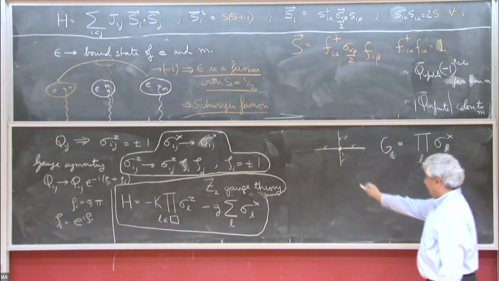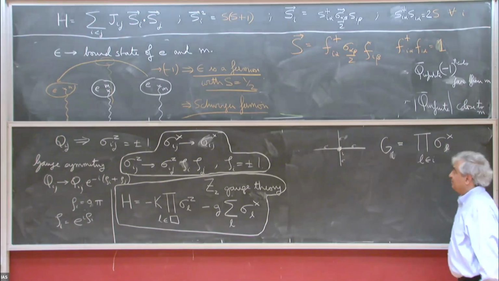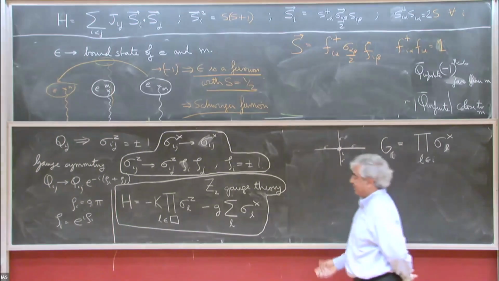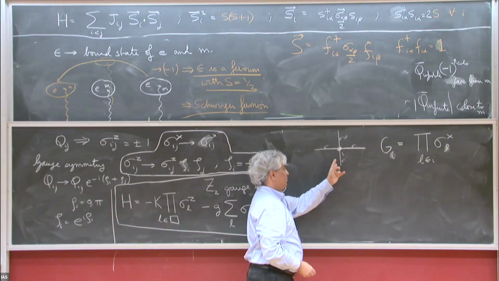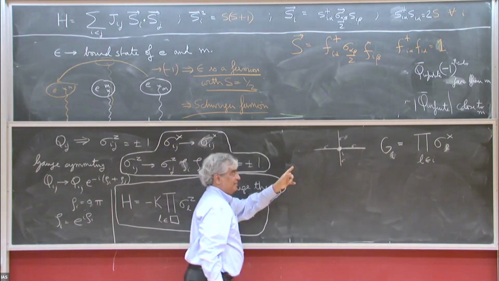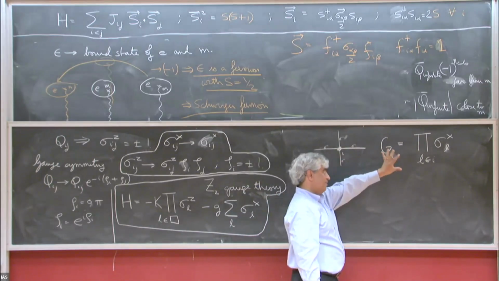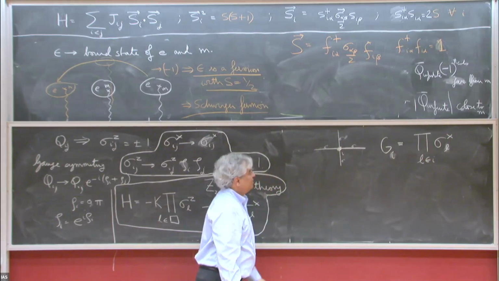So I pick a lattice site and take the product of sigma x around that site. If I was doing this in a U(1) gauge theory, I'd get the exponentials of the electric fields, and this would be the divergence of the electric field, which gives you the charge. So this sigma x product measures the Z2 gauge charge.